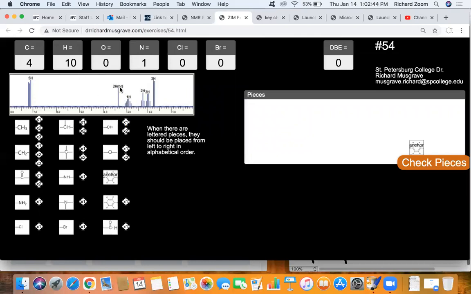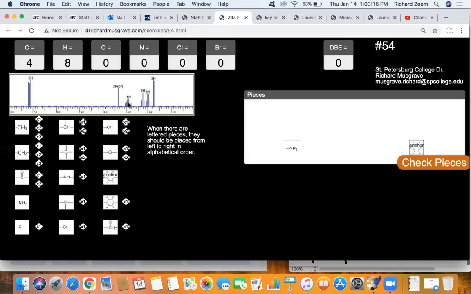Now the 2H, the BR here means broad, not bromine, and it indicates that it's most likely an NH2 rather than a CH2 because it is a single peak as well. And often those OHs and NH2s tend to be broad, so that's an indication that it's likely an NH2. So I'm going to select that piece, NH2. Again, you'll notice that it counts down, takes the N out, and then 2 hydrogens.